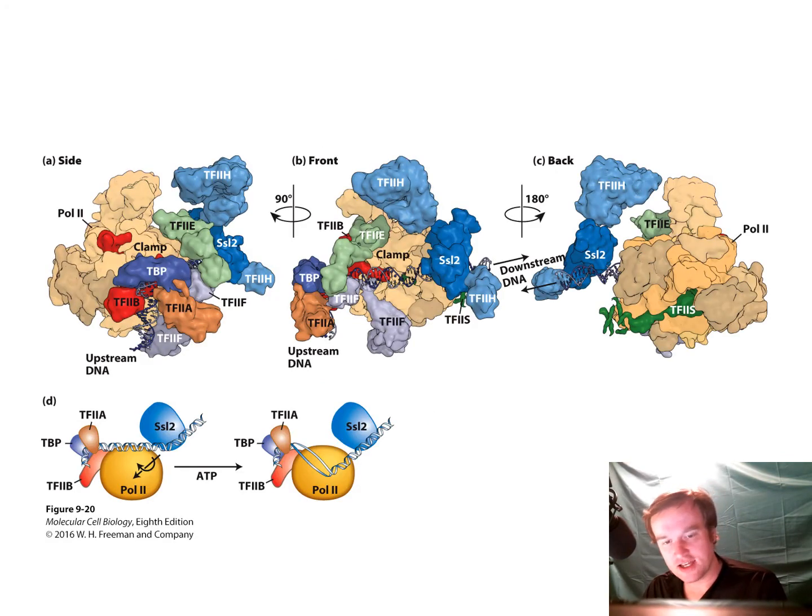Taking a closer look at RNA polymerase in the pre-initiation complex, we can see with this cryo-electron microscope structure how all these transcription factors and the polymerase come together. This is a model of the yeast polymerase II pre-initiation complex.